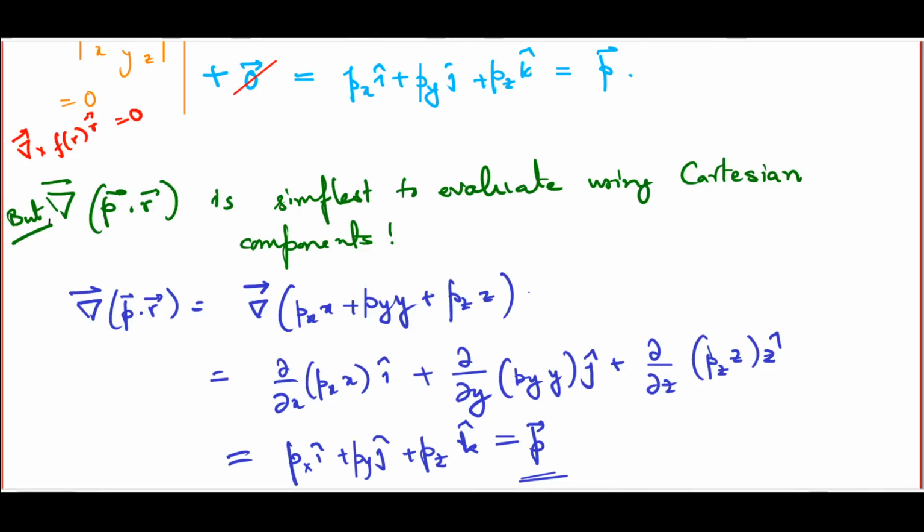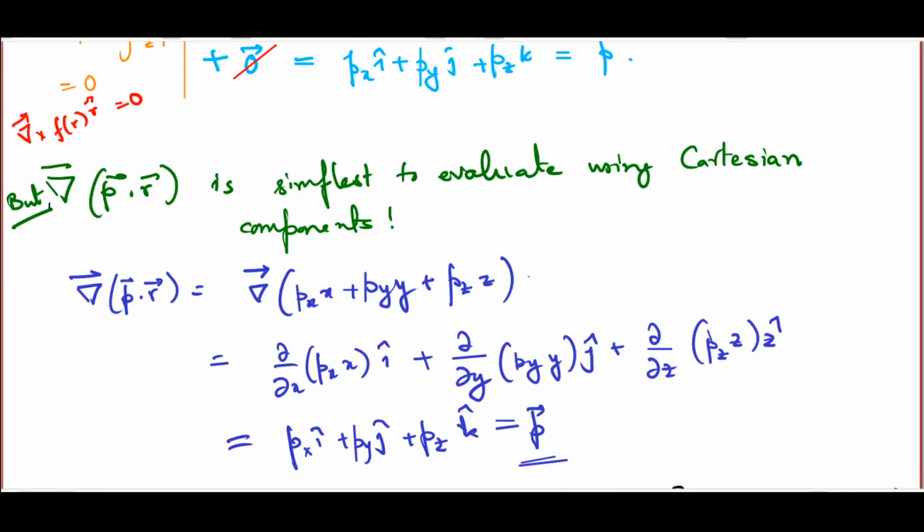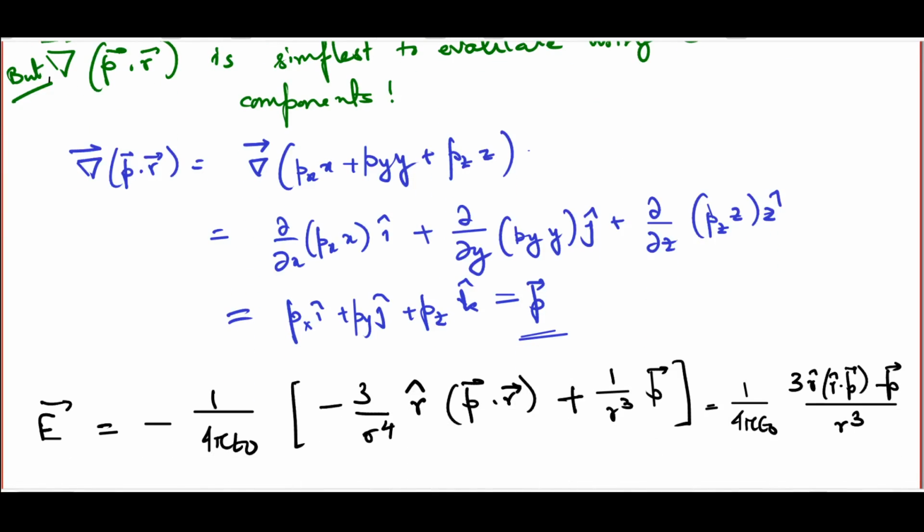Anyway, from the formula that we had worked out a while ago, E vector was minus 1 over 4 pi epsilon 0 times gradient of 1 by r cubed times p dot r, which of course is minus 3 r vector by r to the 4 r hat times p dot r, plus 1 by r cubed times the gradient of p vector dot r, which we have just worked out is p.